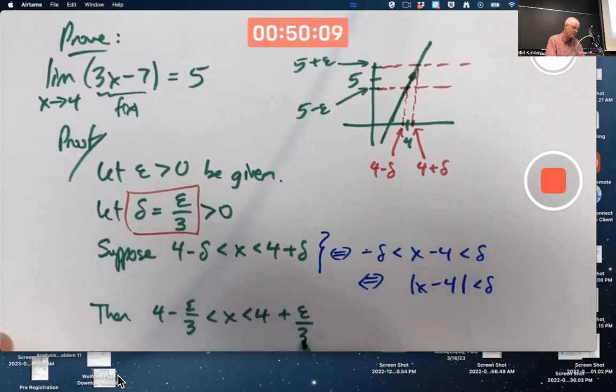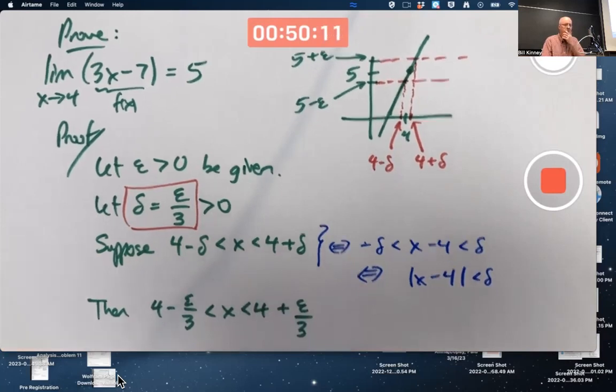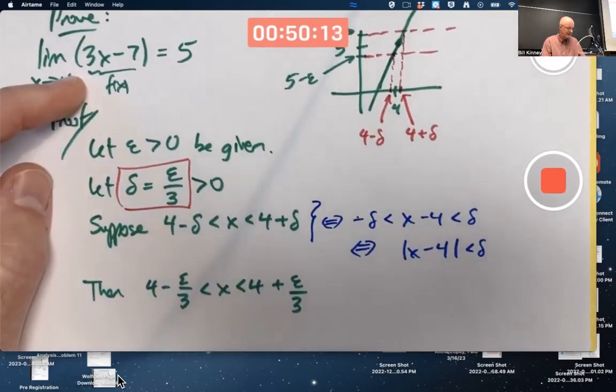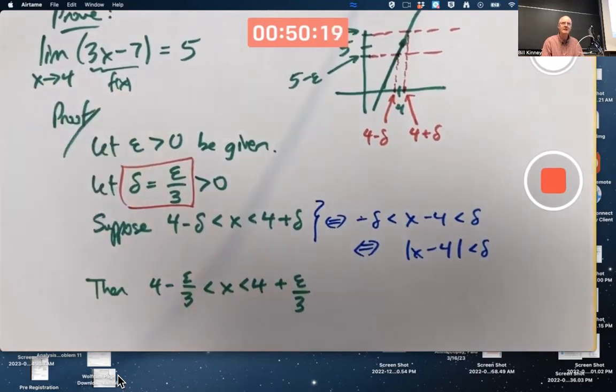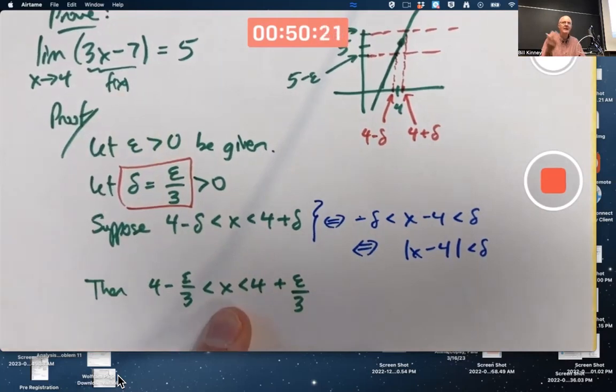But what else should you do? We need to somehow relate this to f of x. I'd like an f of x in the middle there instead of an x. I'd like 3x minus 7 right in there. How do I get a 3x minus 7 there? Multiply everything by 3, then subtract 7 from everything. That's how.